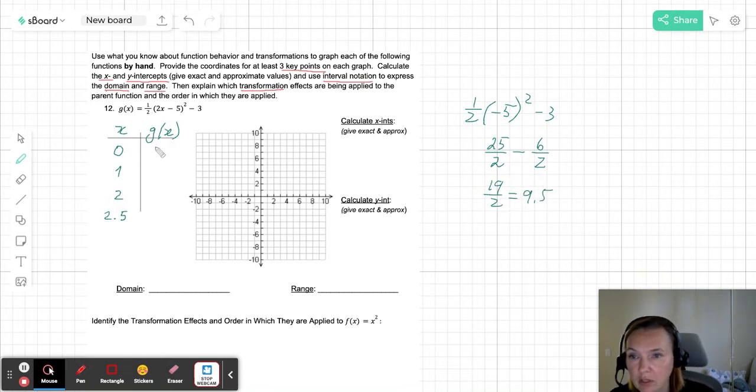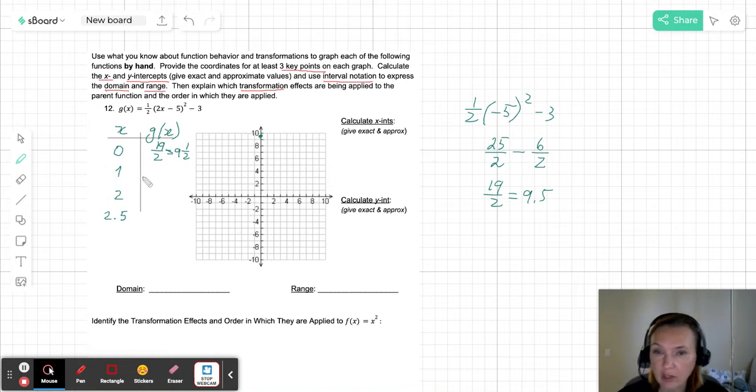So that's what I'm going to write down, 19 over 2. Or I can write down 9 and 1/2. So that is the point right here. It's kind of hard to tell. Over there. All right, so then in a similar manner, I can calculate g of x when x equals 1.